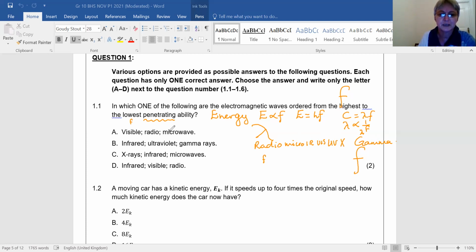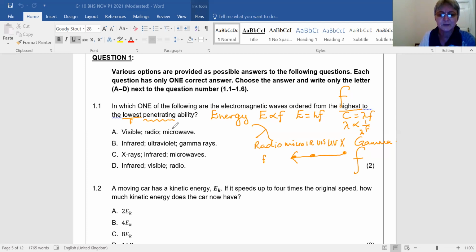So visible, radio, microwave is already in the wrong order, so that one's not an answer. Infrared, ultraviolet, gamma rays, wrong order. X-rays, infrared, microwaves, that goes from X-rays to infrared to micro in that order, which is from the highest frequency to the lowest frequency.